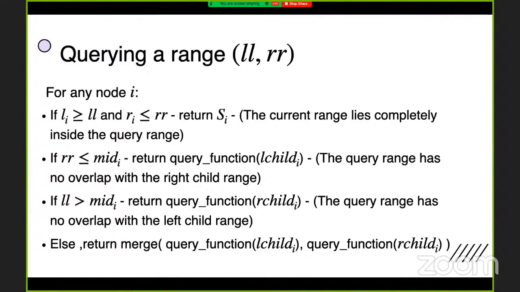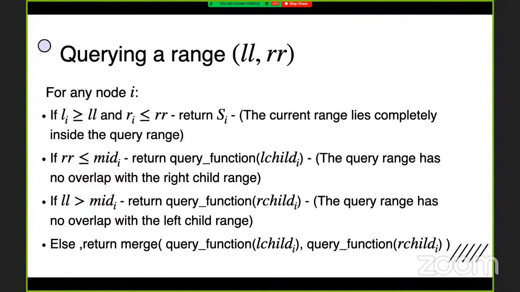Then if RR is less than or equal to mid I, which is the second condition, it means that, basically, if the first condition is not satisfied, then the current range has a partial overlap with the query range, but it's not completely overlapping. So right now we're trying to find which child of the node we should go to.